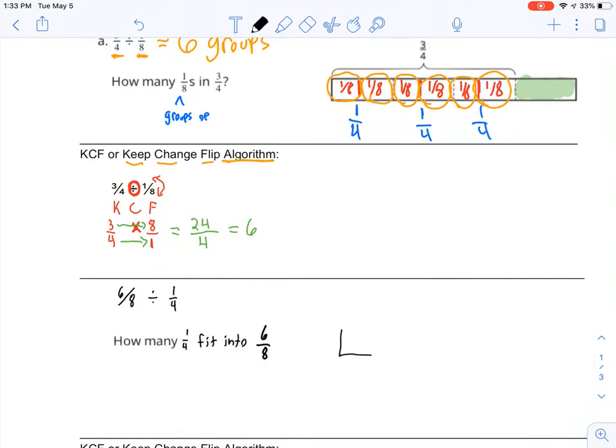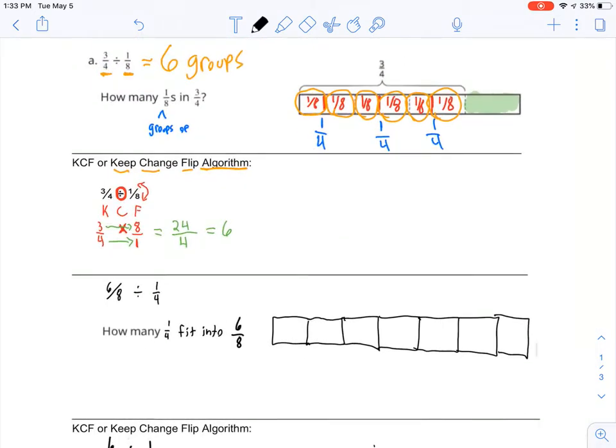So we're going to do one group and 2, 3, 4, 5, 6, 7, and 8. Okay, and how many of those 8s are we focusing in on? Well, we're going to focus in on 6.